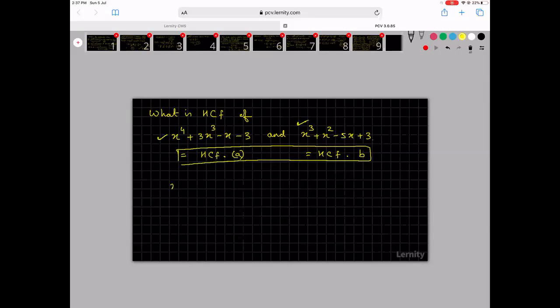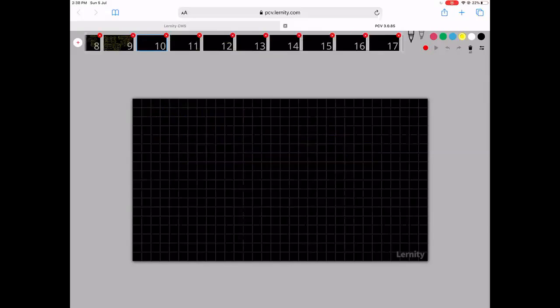So take this and divide this. I'll take a fresh one and divide. I'll take x cubed plus x square minus 5x plus 3, and I am dividing x power 4 plus 3x square minus x minus 3.